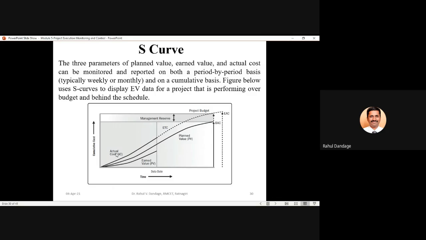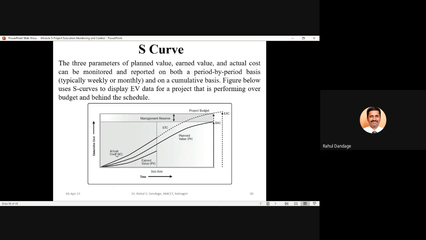So looking at this particular diagram, which is plotted for cumulative cost versus the time duration, we will come to know the performance of the project, whether your planned value exceeds earned value, or the earned value exceeds the planned value, or your actual cost is exceeding the earned value.